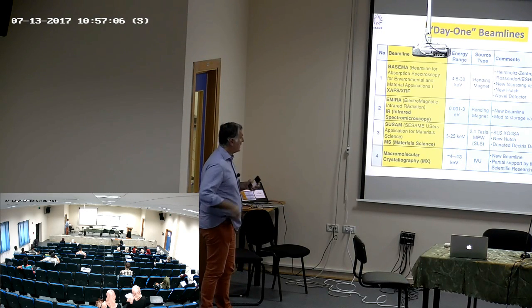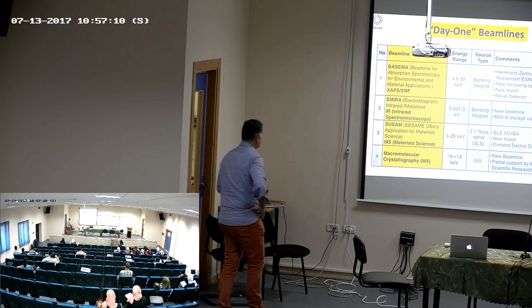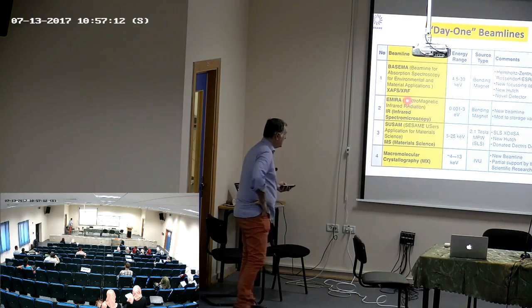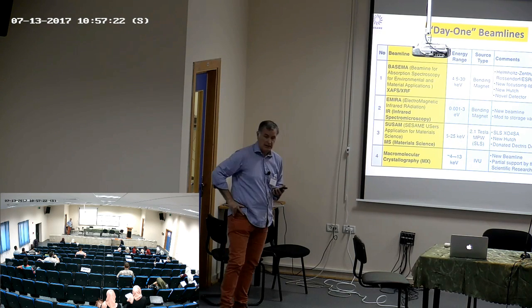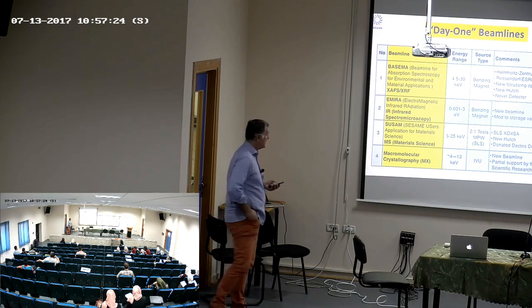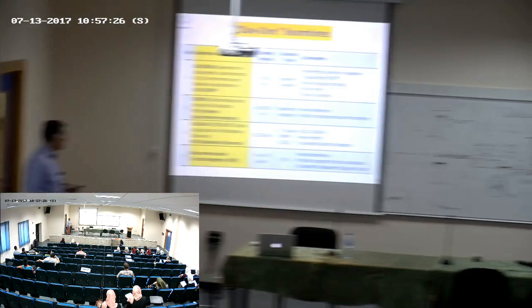And it requires some modification to the storage ring vacuum chamber. SUSAM is a beamline for material science, mainly powder diffraction. It's based on a huge wiggler with a magnetic field of 2.1 Tesla.